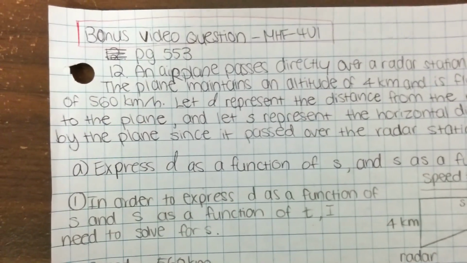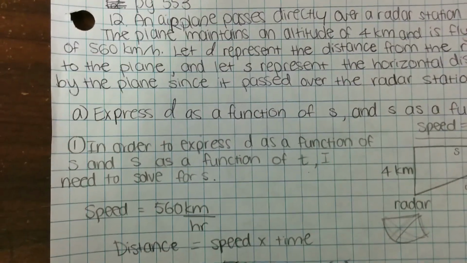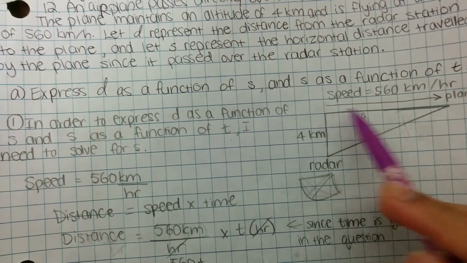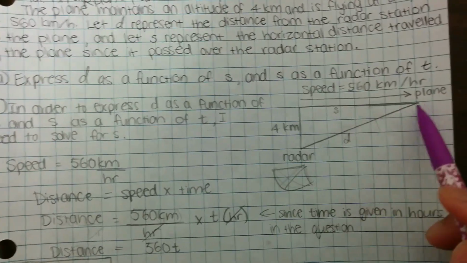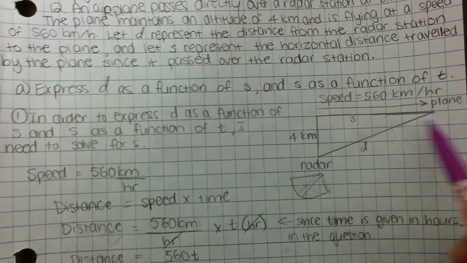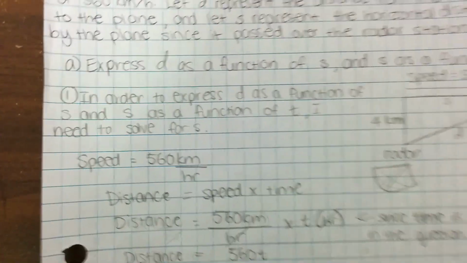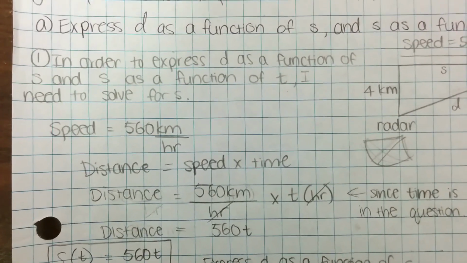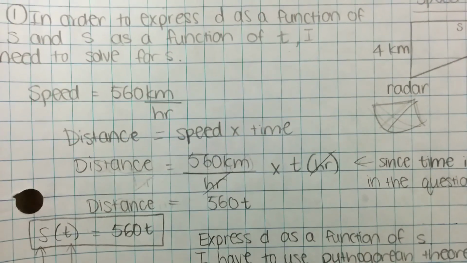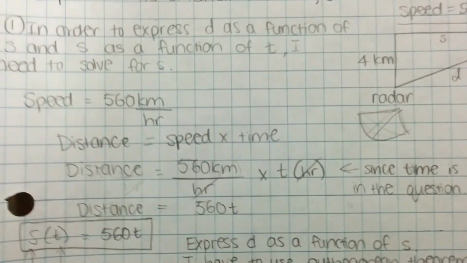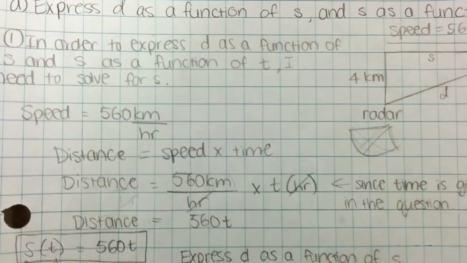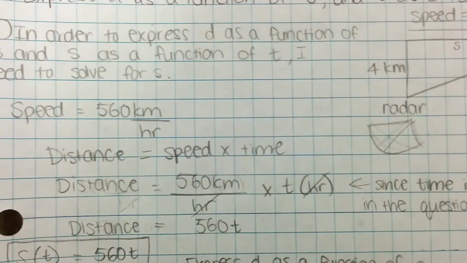So I'm given the speed in my question, which is 560 kilometers per hour. I'm solving for S, which is the horizontal distance traveled by the plane since it passed over the radar station. I know that distance is speed multiplied by the time. I plug in my value for the speed, and then I solve for the distance.